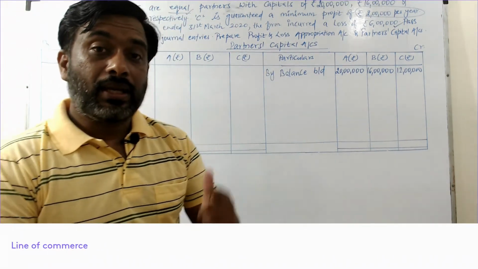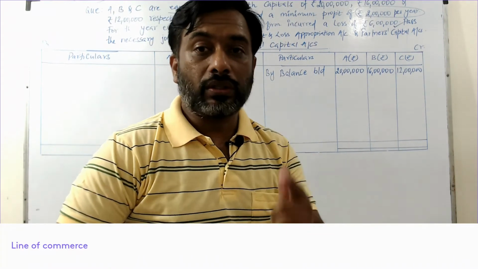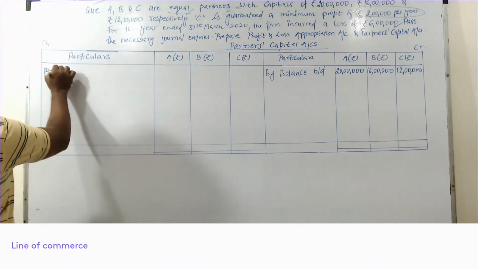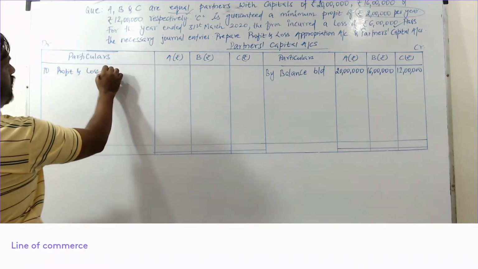Now let us transfer the loss which we have distributed. So loss, how will we write? On the debit side you will write to profit and loss appropriation account.